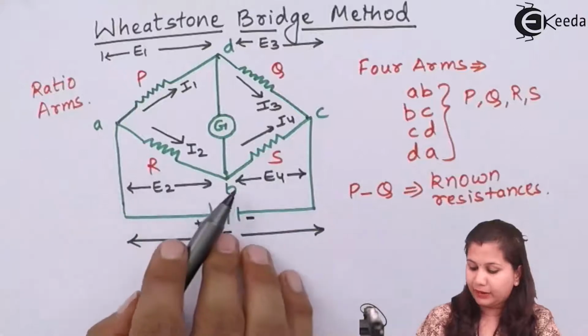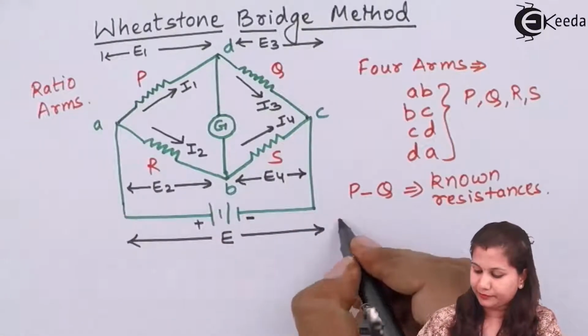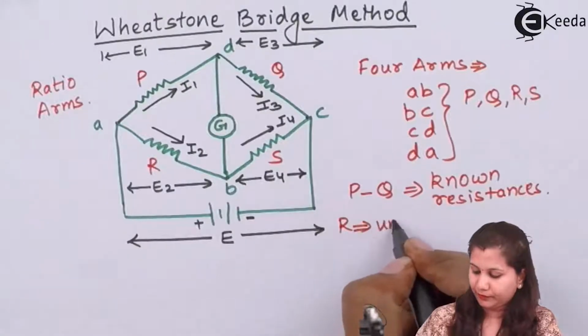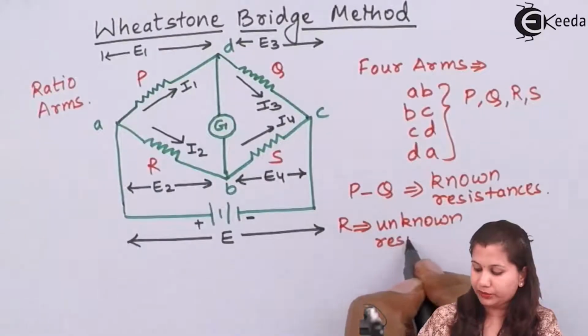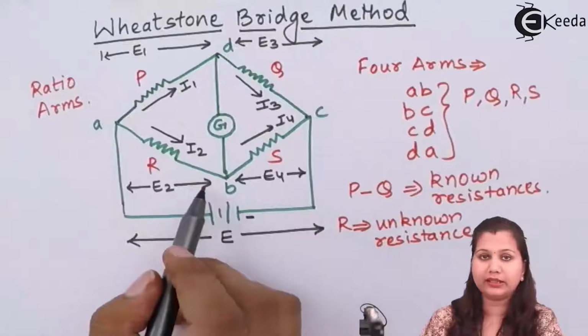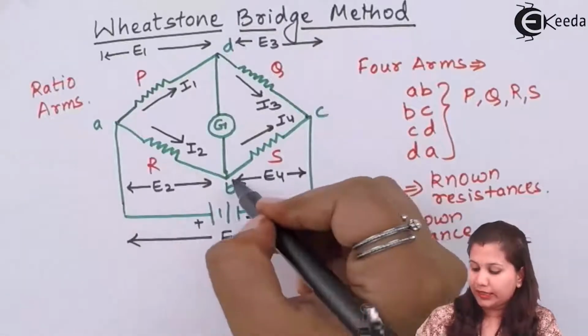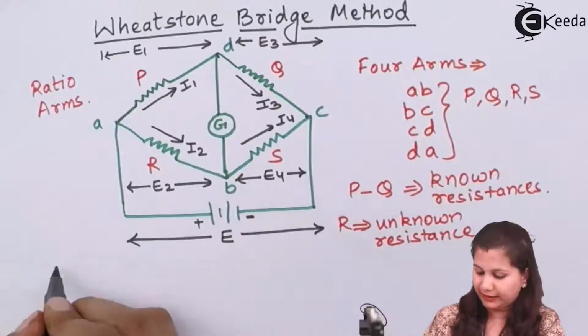In the AB arm, we have the unknown resistance R, meaning the resistance whose value we want to determine with the help of this Wheatstone Bridge will be connected in the AB arm. Next, we have the BC arm in which a standard resistance is connected.